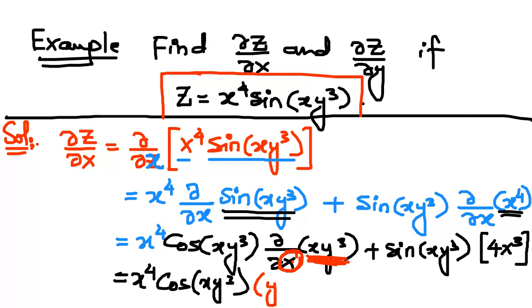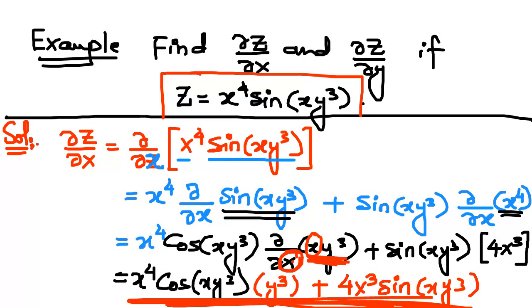So y power 3 is a constant. What is the derivative of x? 1. So no need to write. That's it. Plus this you can write 4x power 3 sine of x y power 3. So this is the derivative. Got it? Understand?